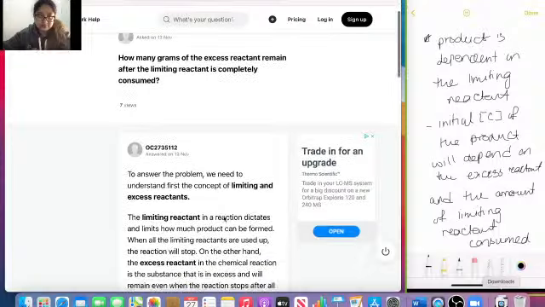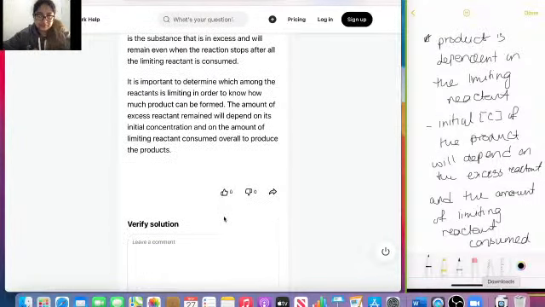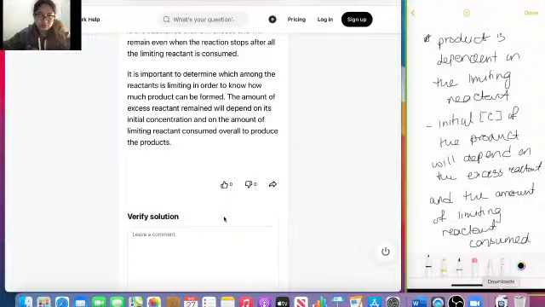So the amount of excess reactant remained will depend on its initial concentration and on the amount of limiting reactant consumed. I don't know why I wrote product, but yeah, the excess reactant will remain depending on the excess reactant and the overall consumed product. So this is correct.